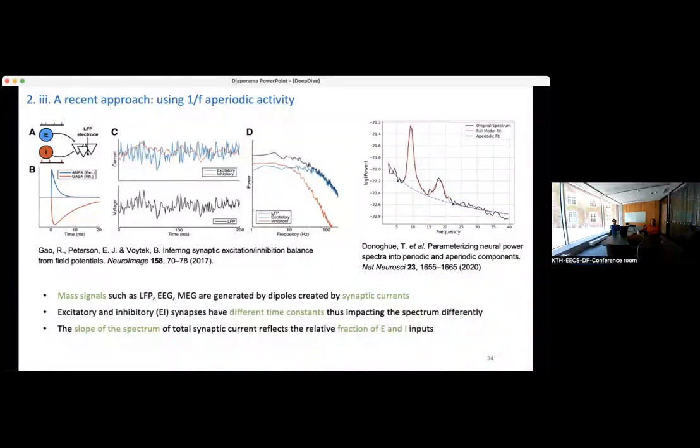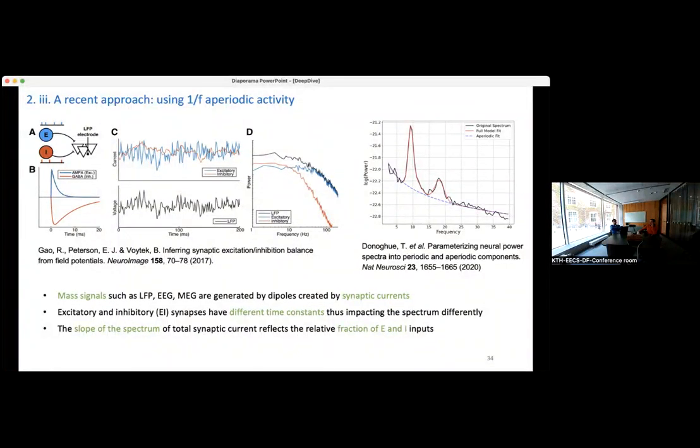In fact, the curve we measure follows what we call a power law. So you have this kind of 1/f type of curve when you look at this power spectrum, and on top of it, a bump representing the oscillation present in the signal.